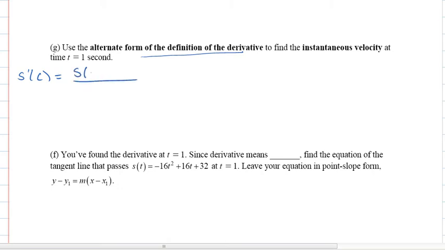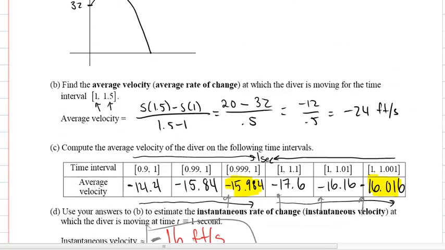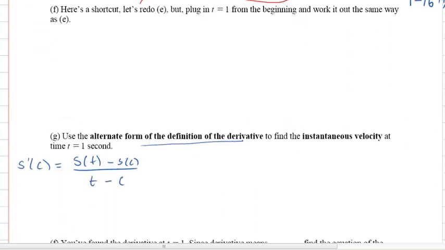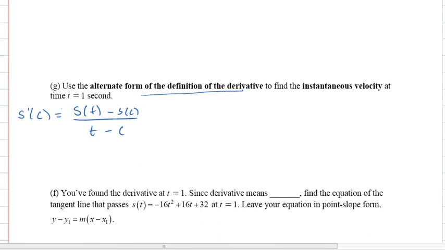It is s of t minus s of c, all over t minus c. Just to double check, let me go back over here. Yes, okay. And I forgot the most important part: the limit as t approaches c.